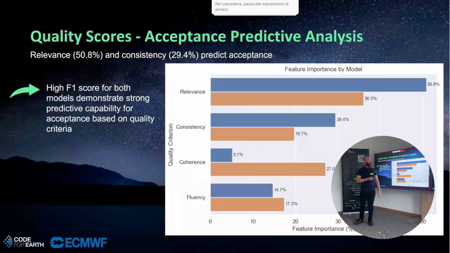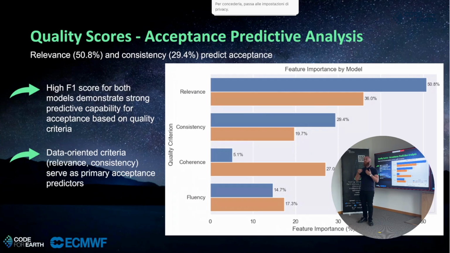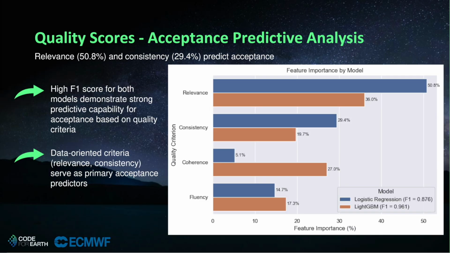Now we try to predict the acceptance of a description with machine learning based on the scores of the evaluators. Why? To know the importance of each criteria in driving the acceptance of an evaluator. So here is what we see.